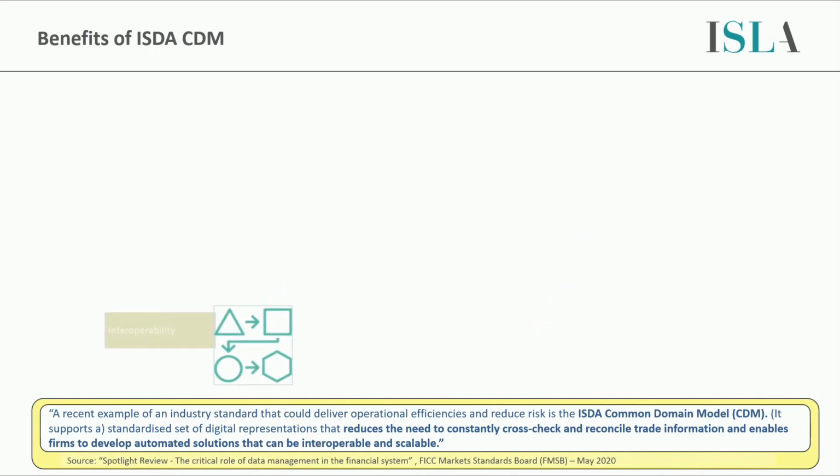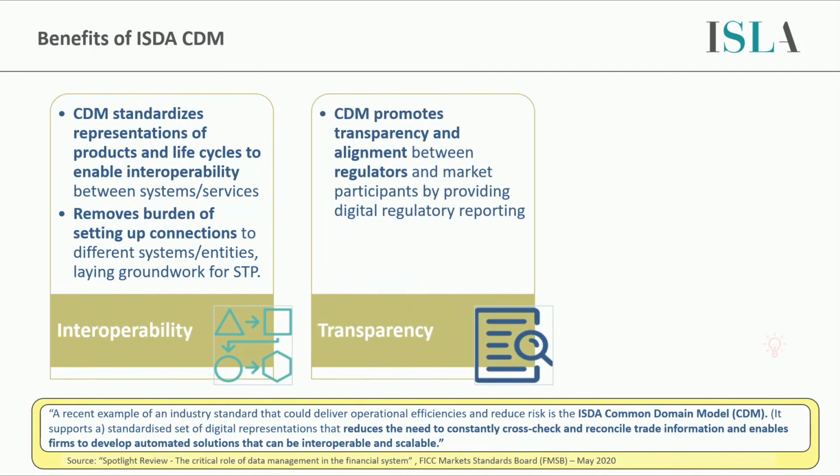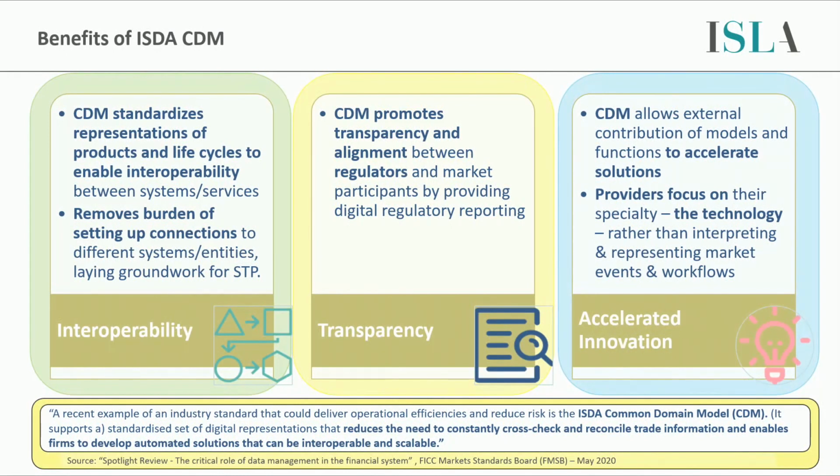If we move on, I'm going to talk a little bit about the benefits of the CDM, and then we'll get to what this thing is. So the CDM offers the potential to standardize representations of products in the life cycle to try and solve that mixed up picture that we saw of the market infrastructure on the first slide. It promotes transparency and alignment between regulators, very important.